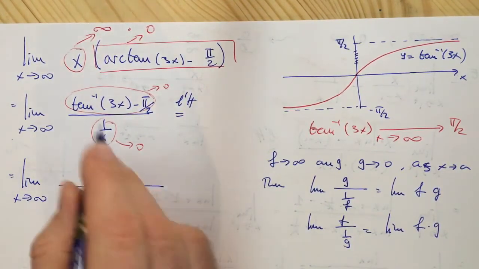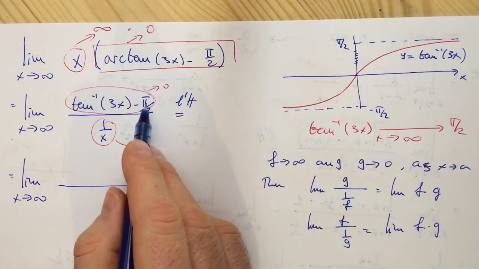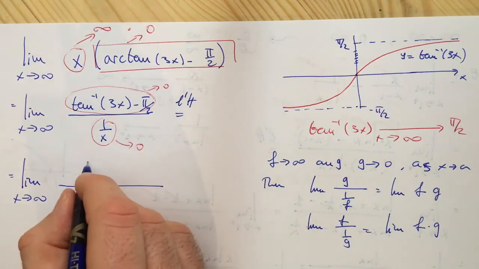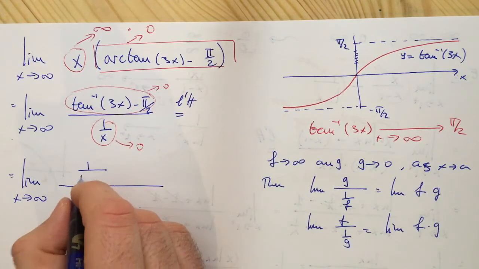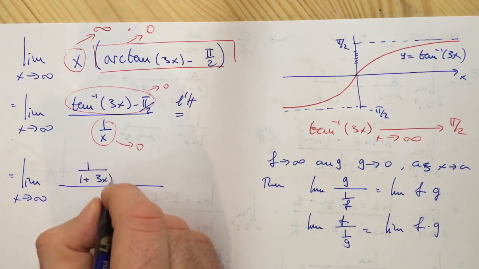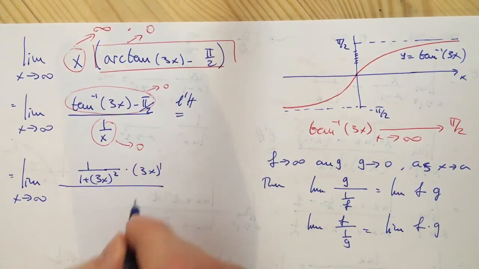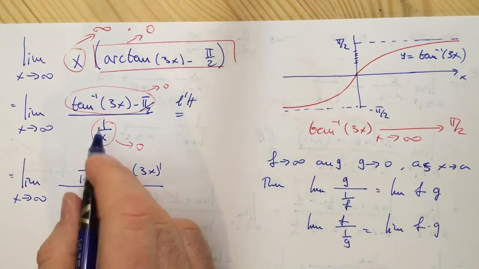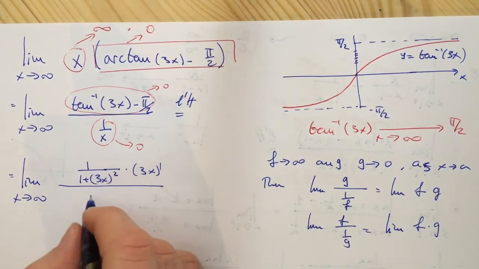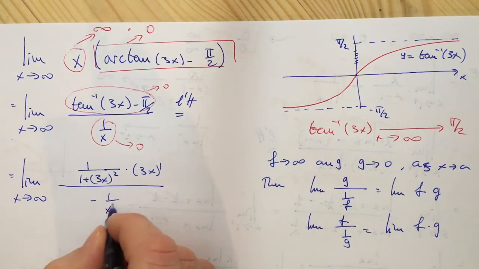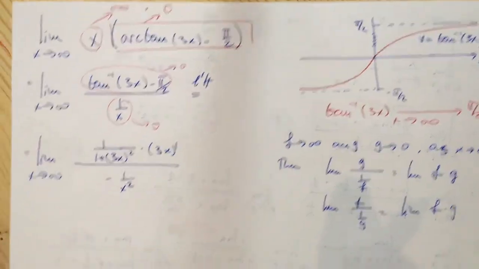So find the derivative of the numerator. Derivative of pi over 2 is 0. Derivative of arctangent of 3x is 1 over 1 plus 3x squared times the derivative of 3x by the chain rule, divided by the derivative of 1 over x, which is the derivative of x to the power negative 1, which is negative 1 over x squared.